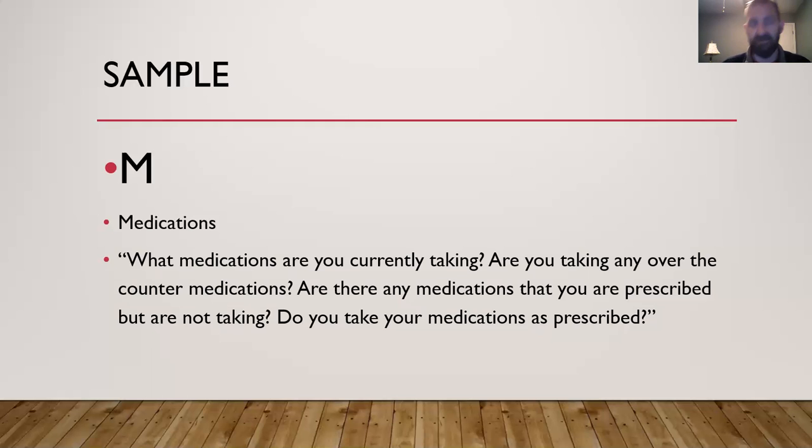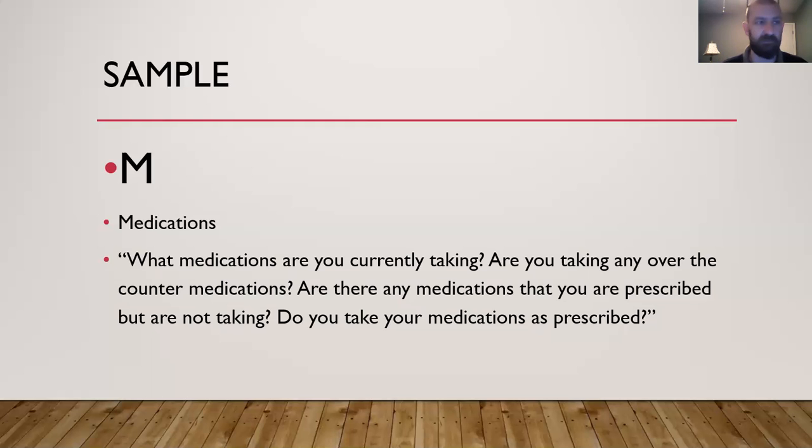And then the last follow-up for the medications is, are you taking your medications as they're prescribed, like you're supposed to? This is a good question to ask because it may be more prevalent in our communities around here, because we have a lot of folks that are at or below the poverty line.